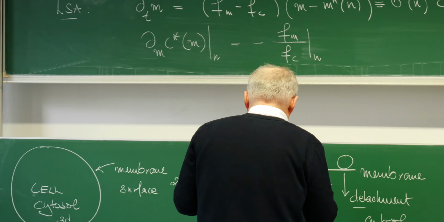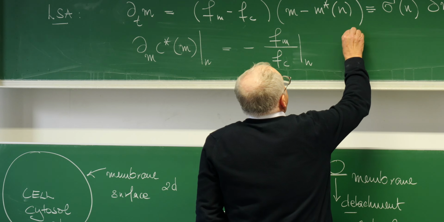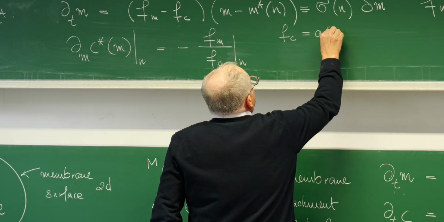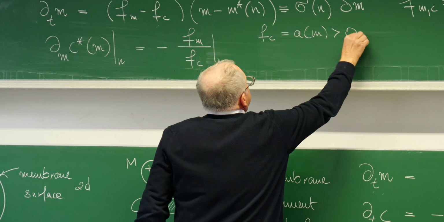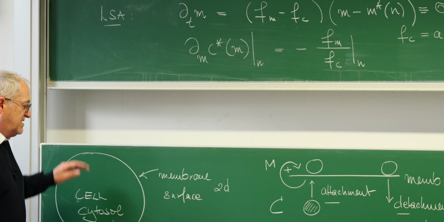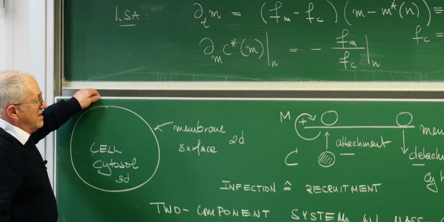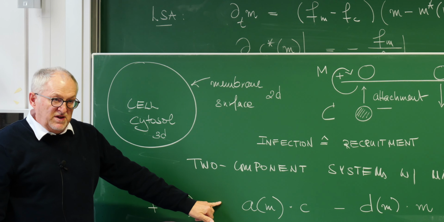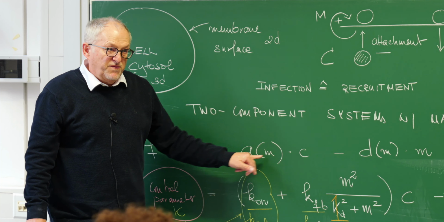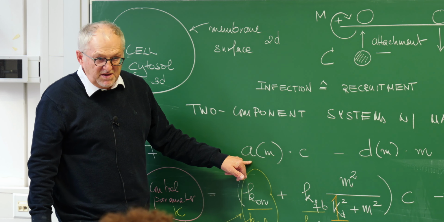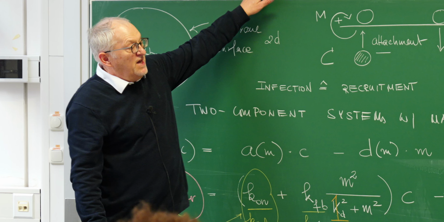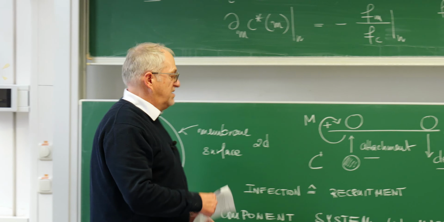Okay, so for specificity, we look at the case that f_c equals a(m) greater than 0. You could look at other cases, but they would be analyzed in a very similar fashion. And here, because I already wrote it down in this generic form, you have an attachment rate times c. And of course, an attachment rate has to be positive. So for that particular form of this arbitrary function f, f_c is a positive quantity.